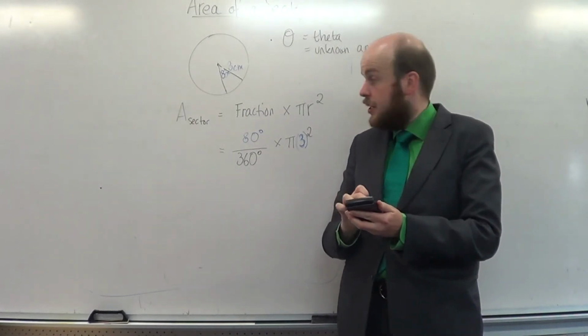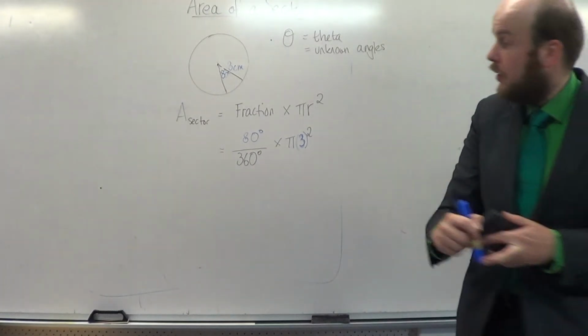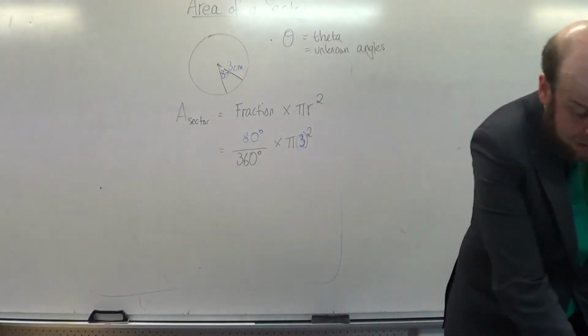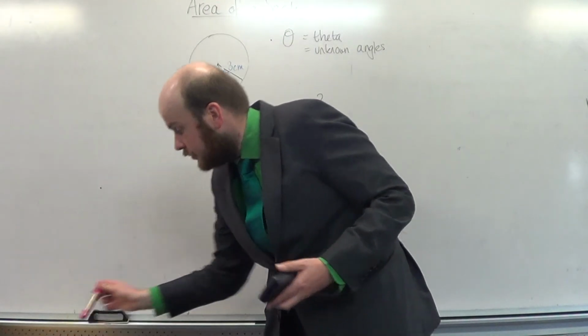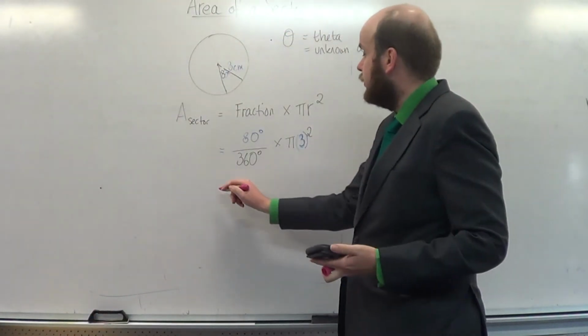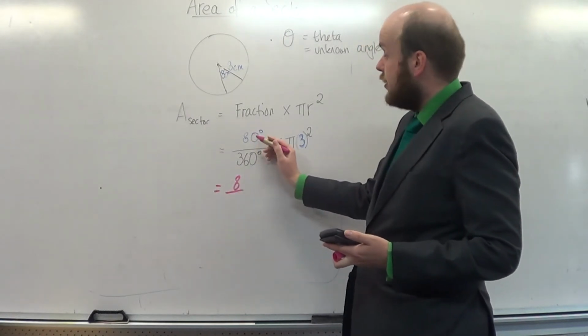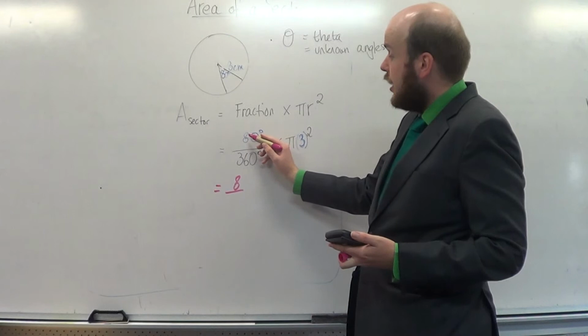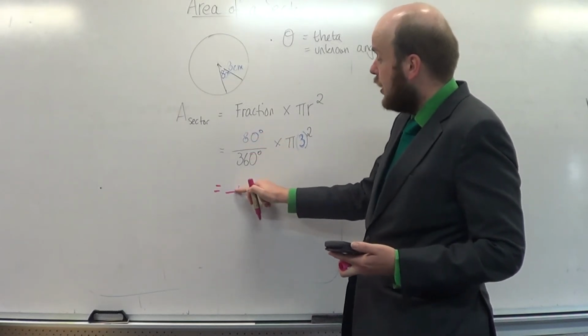And then it's just a matter of working out on the calculator. So 80 divided by 360. Well, we can work this out as a fraction if you want. So this will be 8 over 36, if we cancel it down, the zeros cancel out. The common factor between 8 and 36 would be 4.